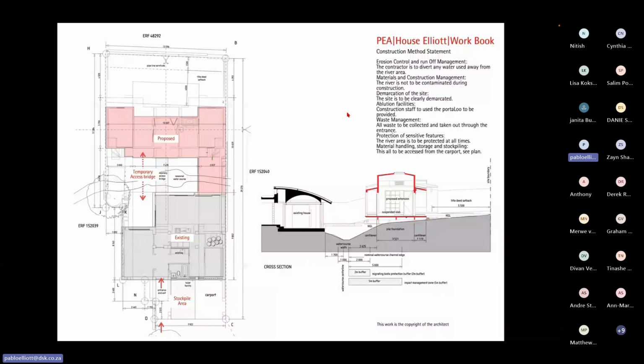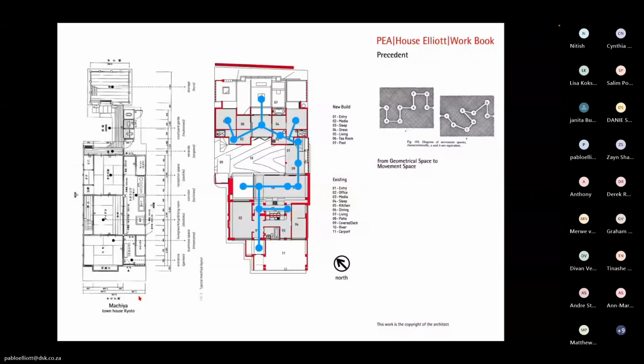I was inspired by a Japanese type of house, which is found in Kyoto. It's a townhouse, and it's called a machiya. Now, a machiya typically is a one-family house and a business. So you would have a shop on the front of the house. You would then have a series of internal courtyards, much like we have, and a circulation route to get to the various parts of the house.